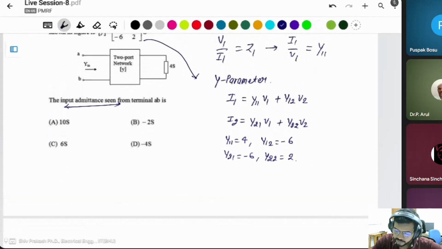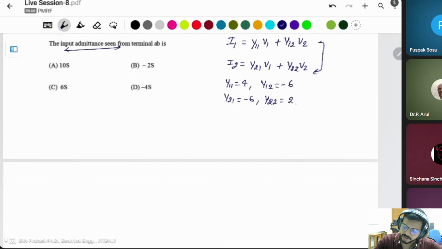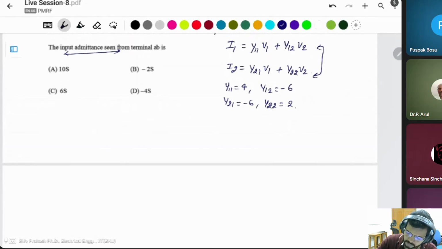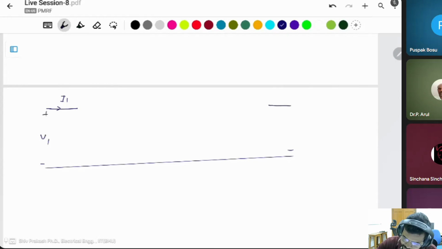In this case, same, you have to make a circuit for these two equations. The negative part is common to all. Then this is current I1, V1, same here, I2, V2. Okay, we have to make a circuit between them.